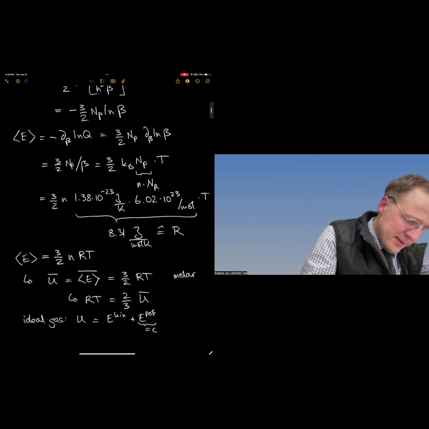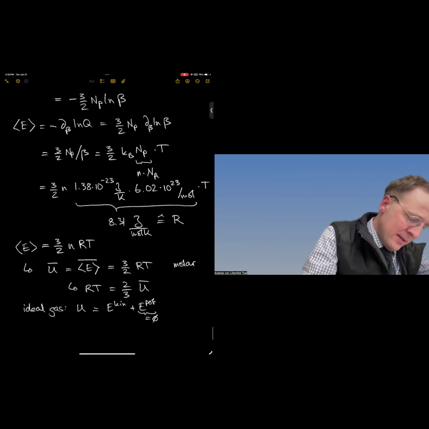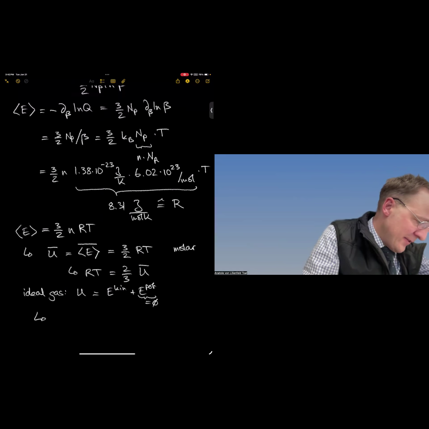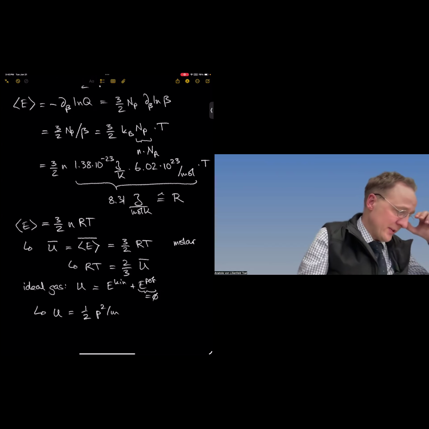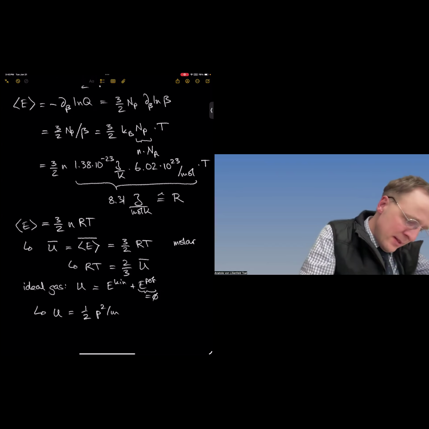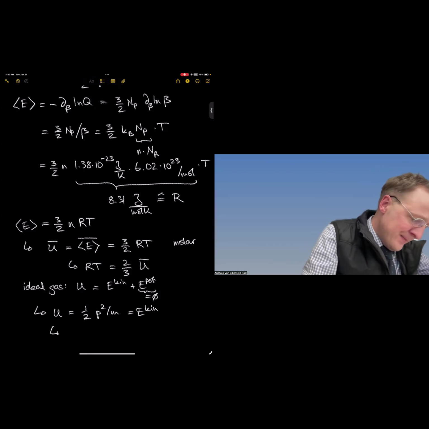This is 0. And for this reason, we can write our U as 1/2 momentum squared over m. This is the kinetic energy of a particle.